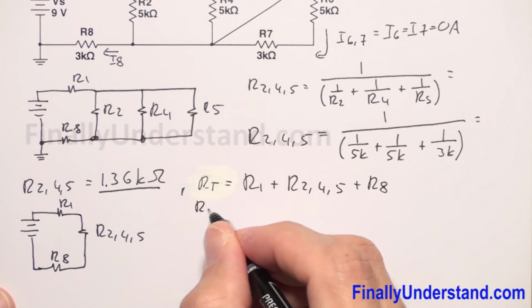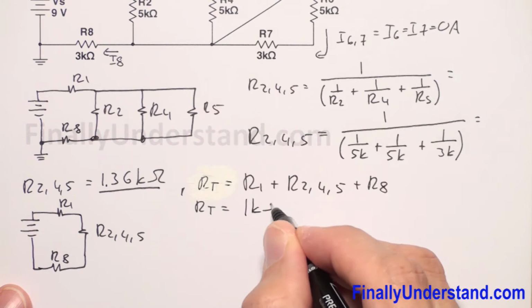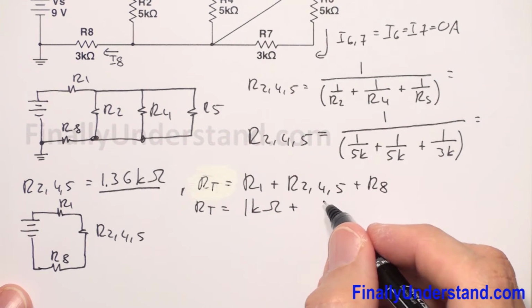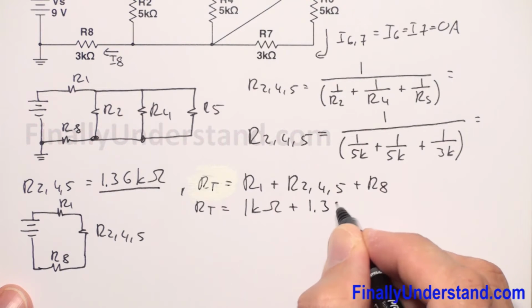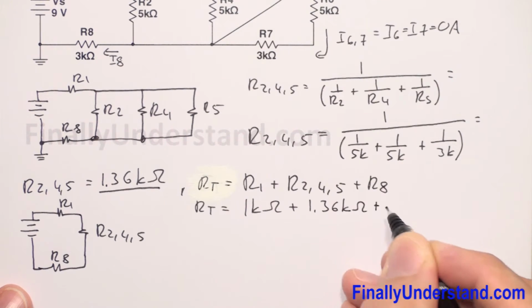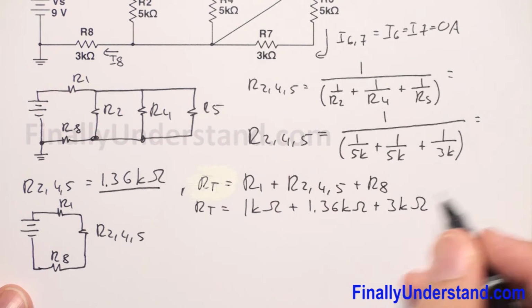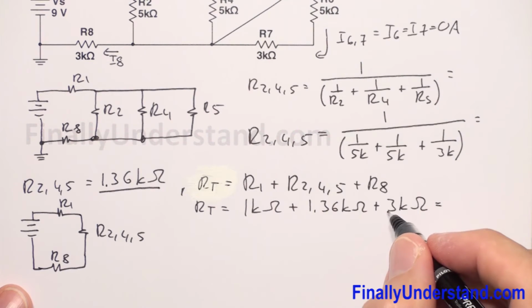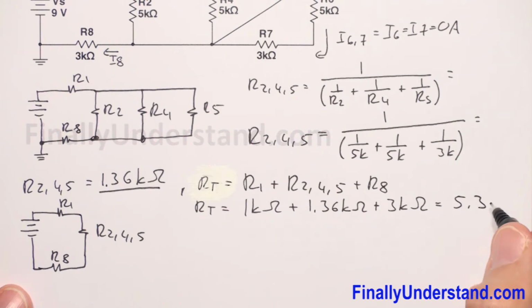So R total is 1 kilo ohm plus 1.36 kilo ohms plus R8, which is 3 kilo ohms. This is equal to 5.36 kilo ohms. This is my total resistance.